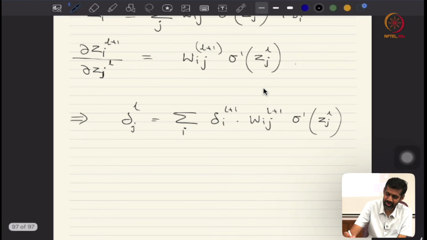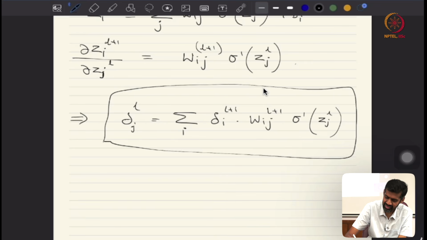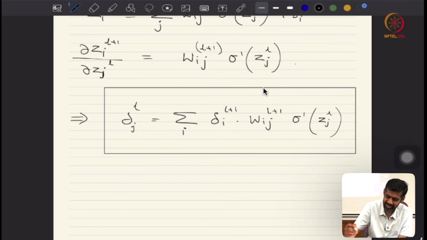See, this is the most beautiful part of backpropagation. Look at what's happening here.